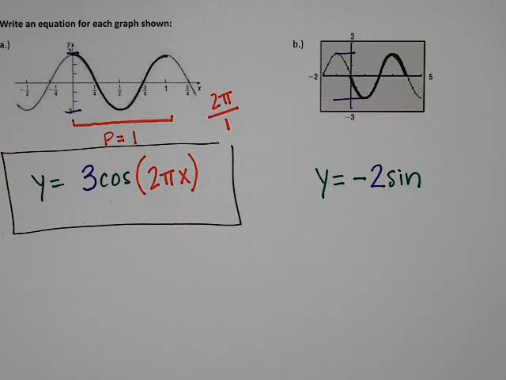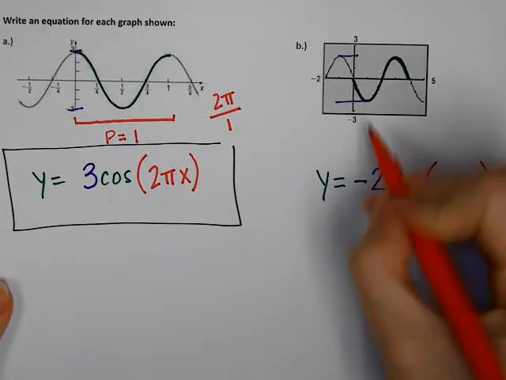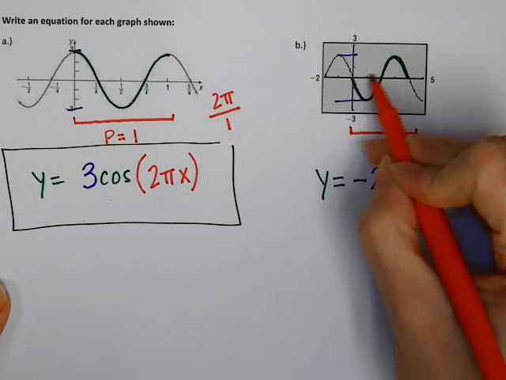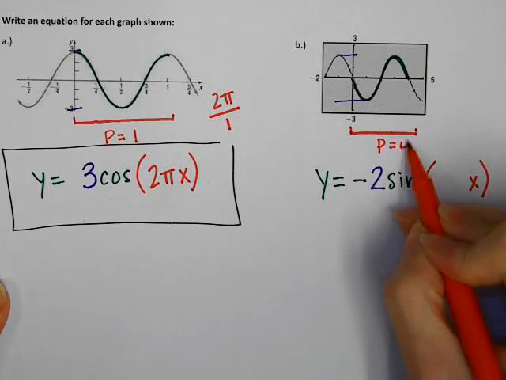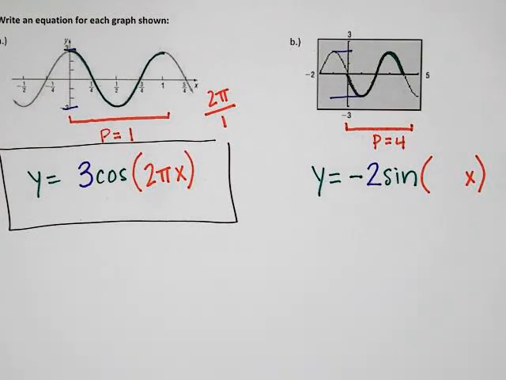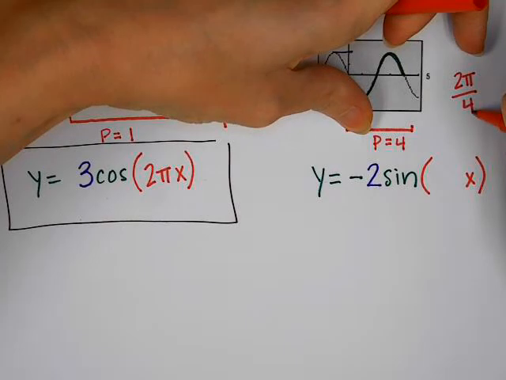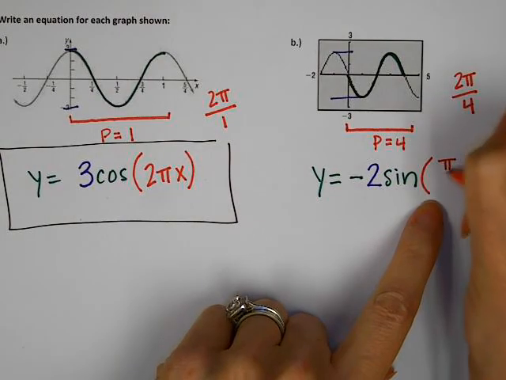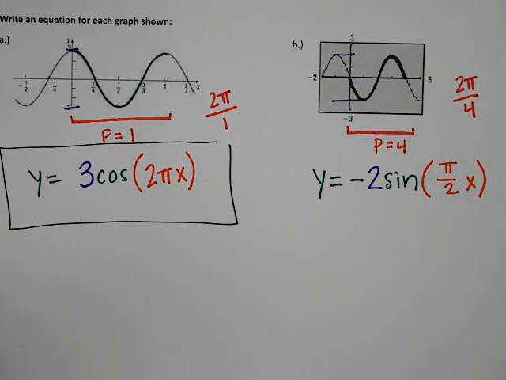Now let's find our period. This one goes from, let's see, 1, 2, 3, 4. So the period is 4. So to find b, we do 2 pi divided by 4. And that reduces to pi over 2. So that's going to be our b. And then it's not getting shifted at all the way I did it, so we are done.